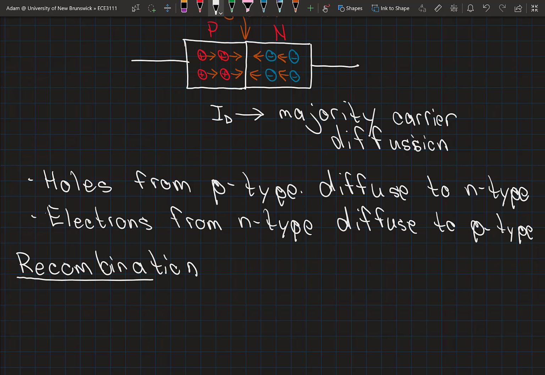Right, we have holes moving towards electrons. It's not surprising that we're going to have recombination. So this recombination will take place close to the junction.